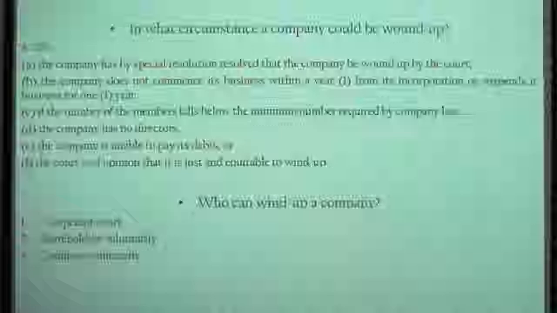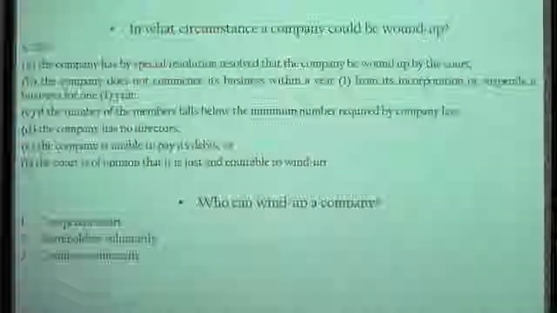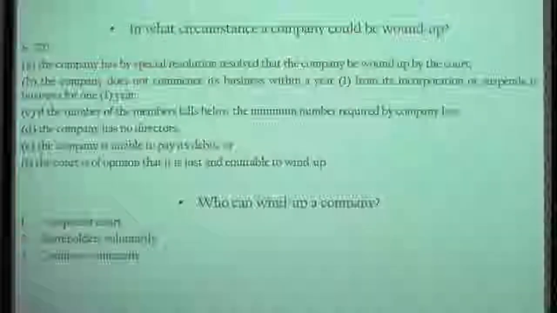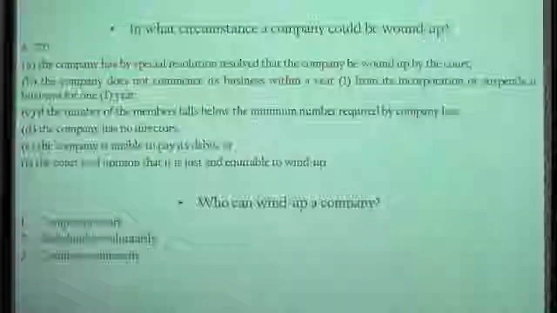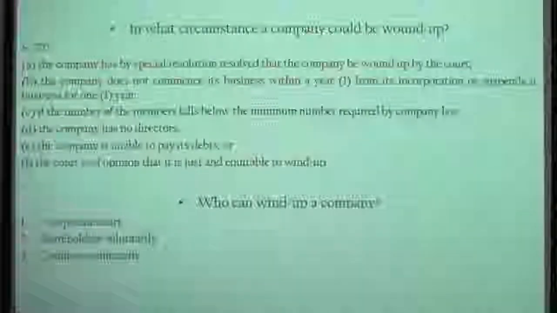Now, in case of these 2 companies, if it fails to keep this minimum requirement going through the company's existence, or where the company started with the minimum, but later on certain shareholders resign, letting the company go below the minimum shareholder requirement.